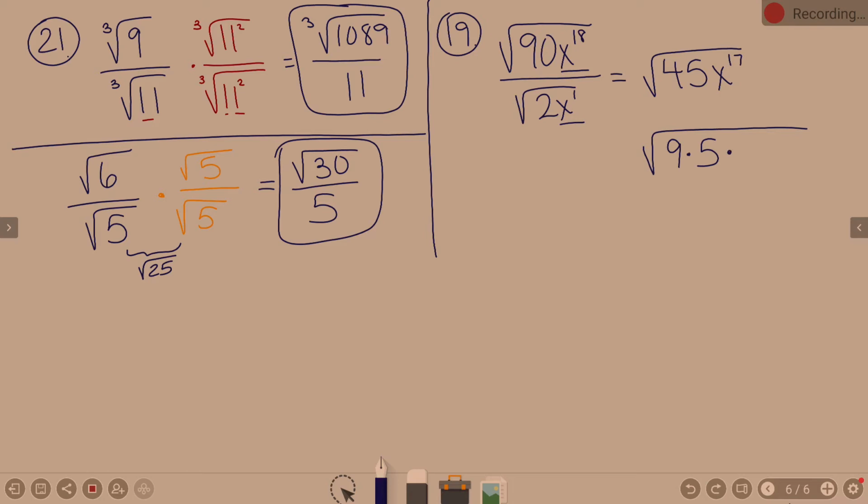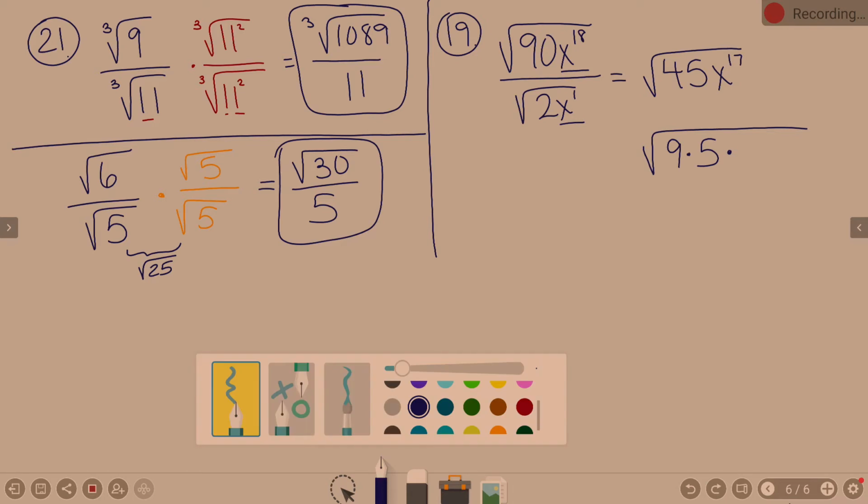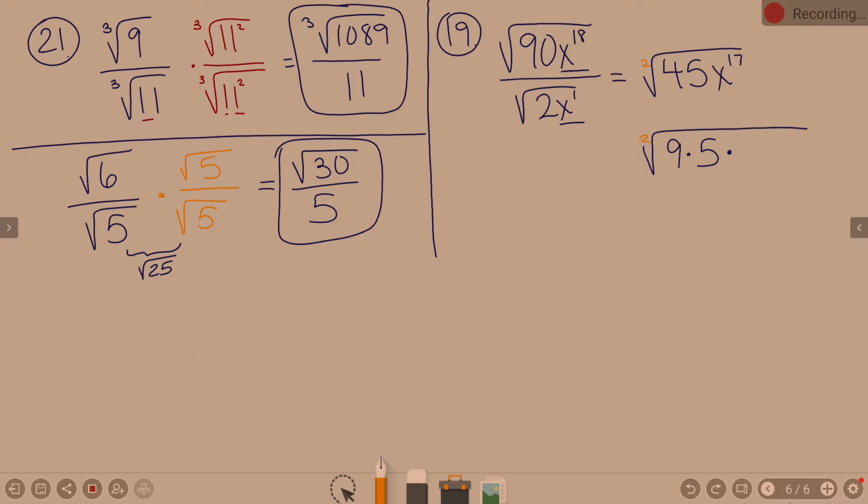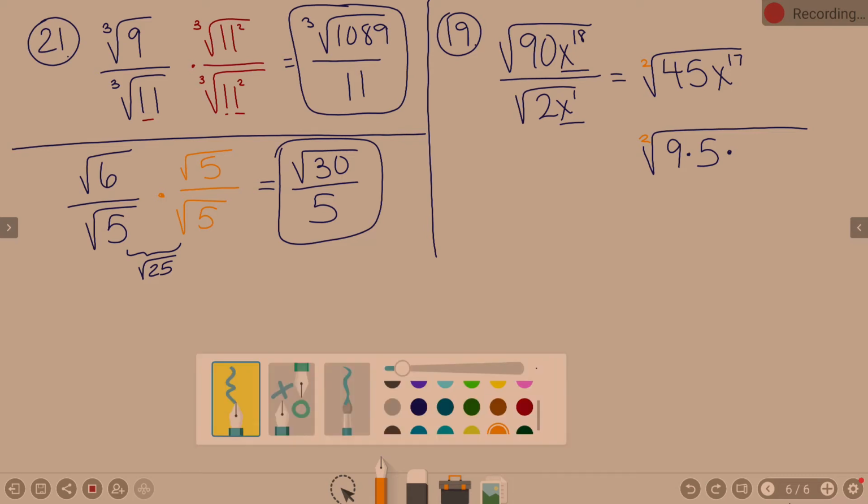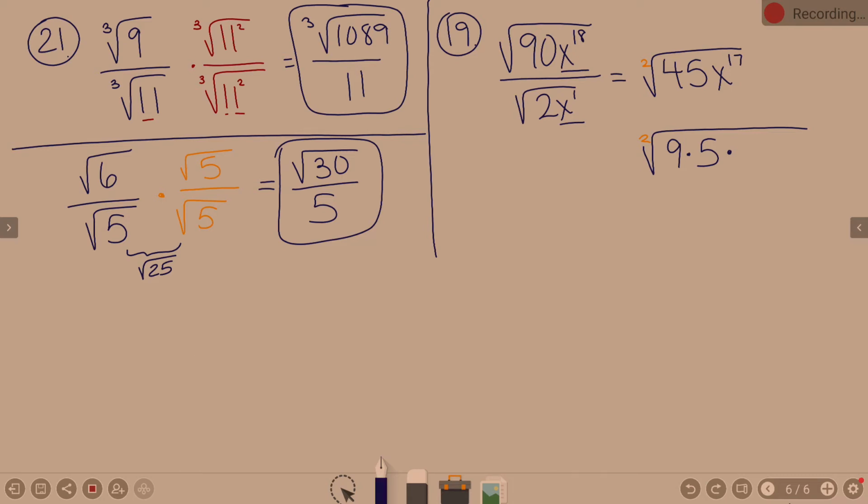X to the 17th. Can I take the square root of x to the 17th? No, because 17 does not divide by 2, right? If it's a square root, you're trying to divide by 2. So 17 does not divide by 2.